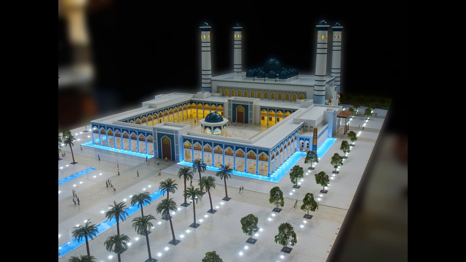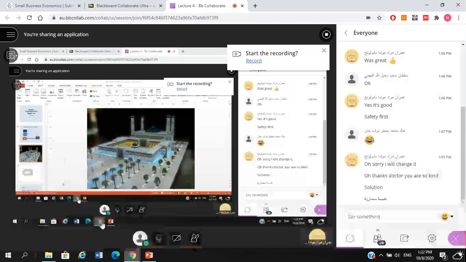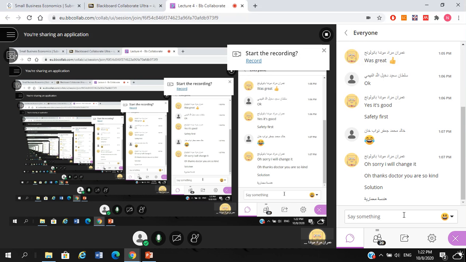So they will make a design of the building, of the complex to be constructed. Based on that, there is someone who has translated. Let me just see. Handasa Muammariya.